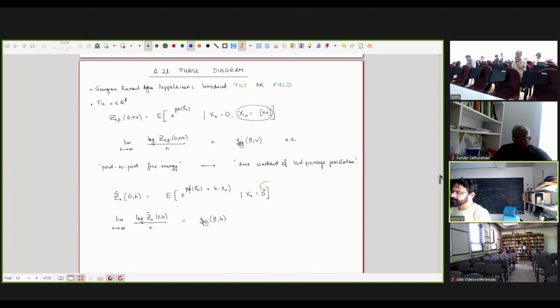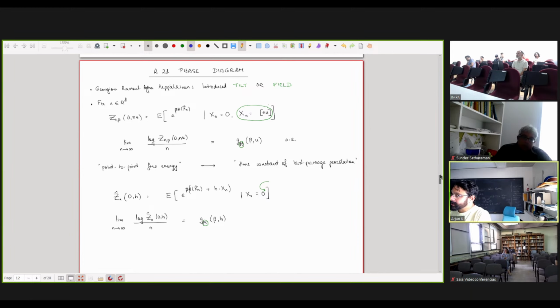This is a common viewpoint in these polymer models, but I think it's the first time that it's been recognized as an integral part of the phase diagram of this model.